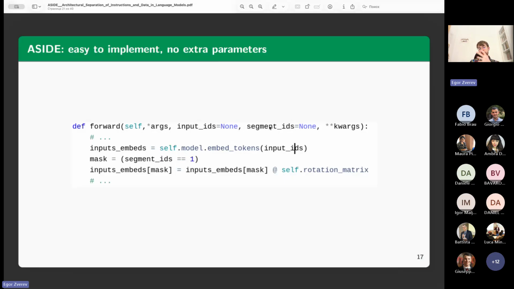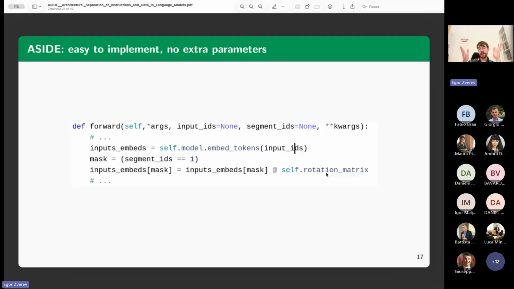The segment IDs are basically a mask of zeros and ones, where zeros stand for this is an instruction, this should be executed, and 1 stands for this is data, it should be processed by the model. And then we take the embeddings of the model, and for the embeddings which are marked as 1 in the segment IDs, we multiply them by the 90 degrees rotation matrix in the high dimensional space. And then basically we're good. This is all the method.